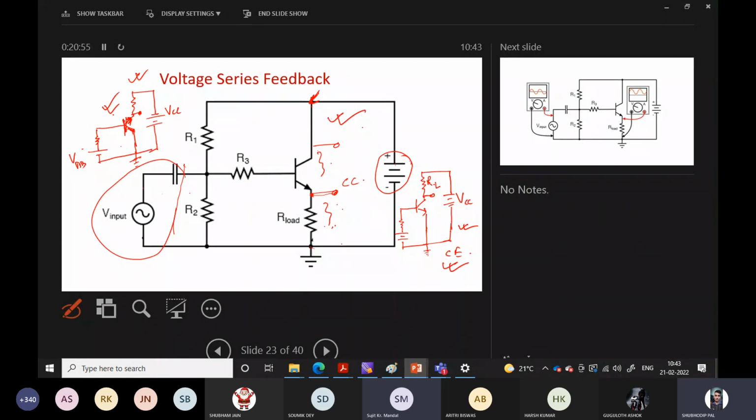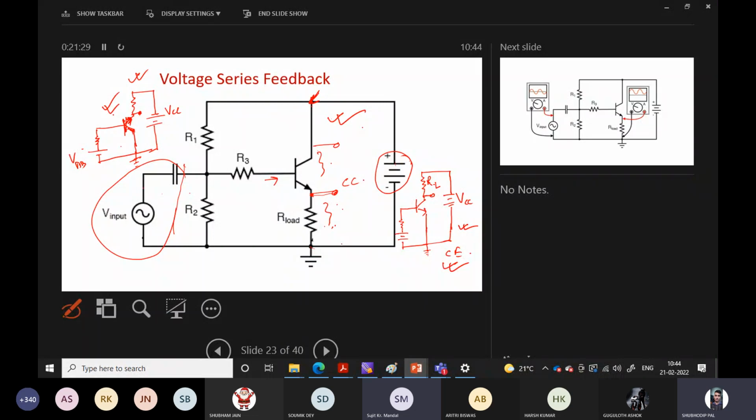Now in the common collector configuration, what would this feedback be? Now if you see here, without this resistance in the emitter, if any change in input current IB or input voltage happens, that will lead to a change in the output current, and the output current will increase.